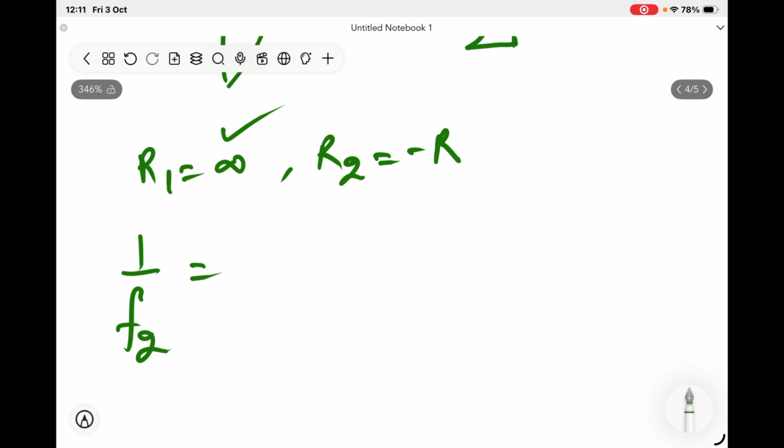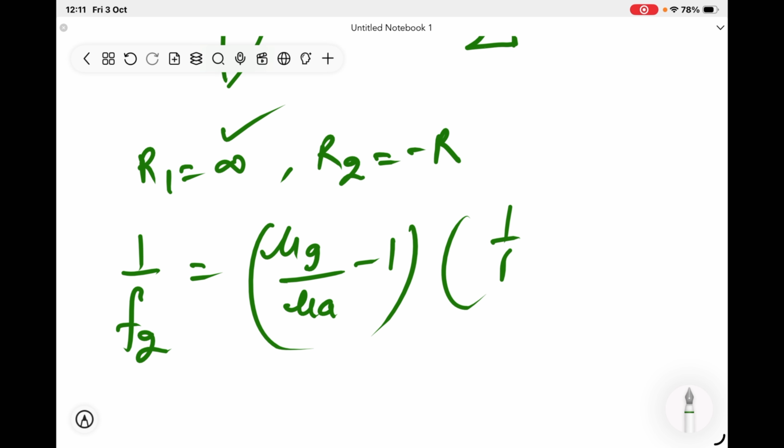So you can substitute now for 1 by F2. Again we are using lens maker's formula: mu G by mu air minus 1, into 1 by R1 minus 1 by R2.